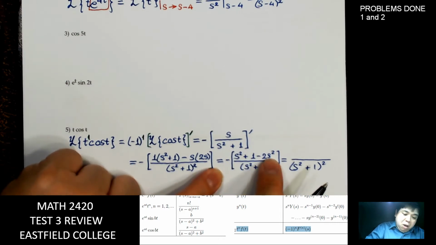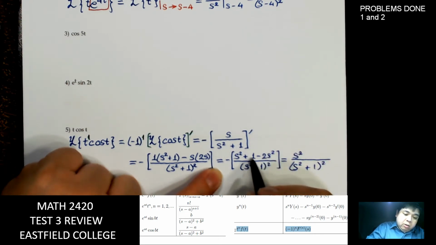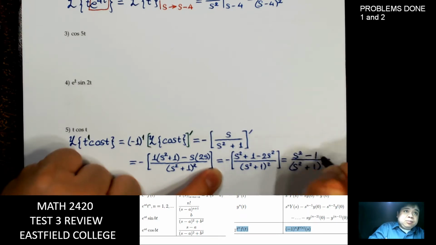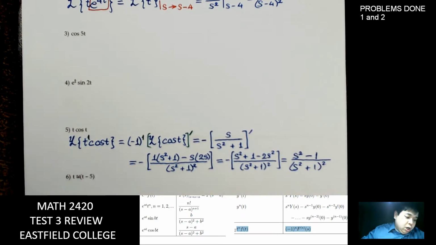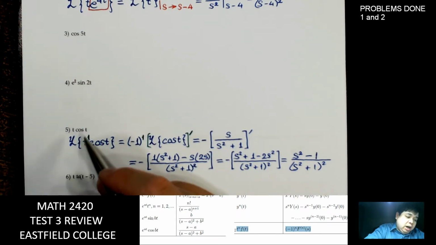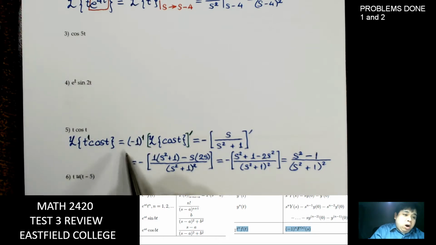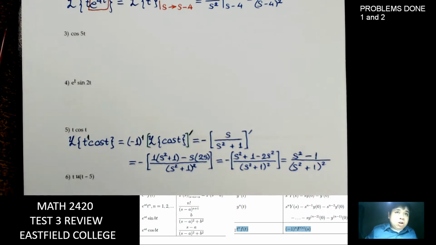On the top is minus s squared, but with another negative sign that will be s squared, plus 1 with a negative becomes -1. So pretty much when we have the t in front of the function, that is the derivative. The power of t, the power of -1, and the order of derivative must all be the same. So that is number 5.